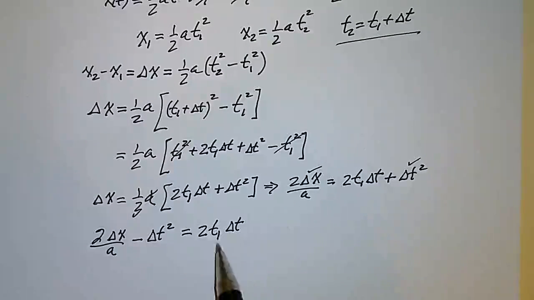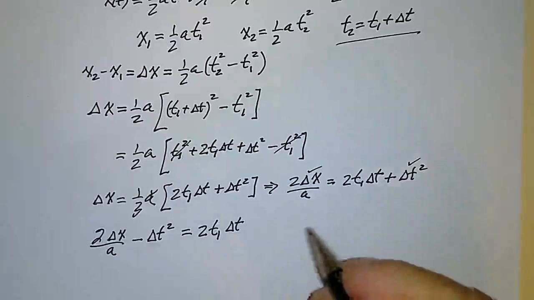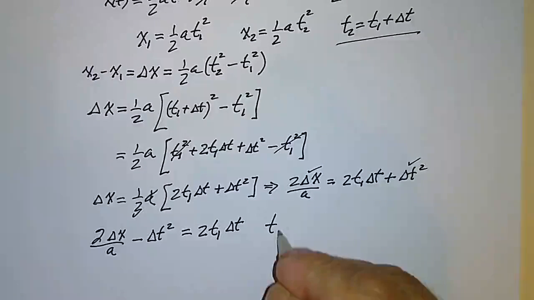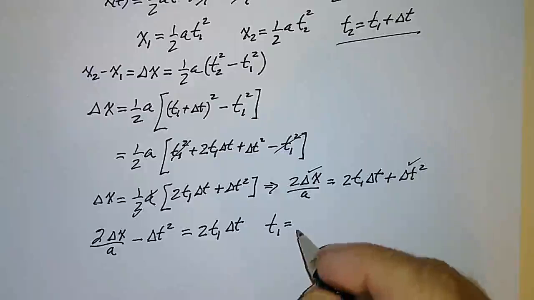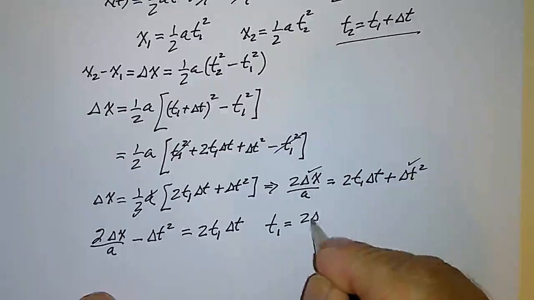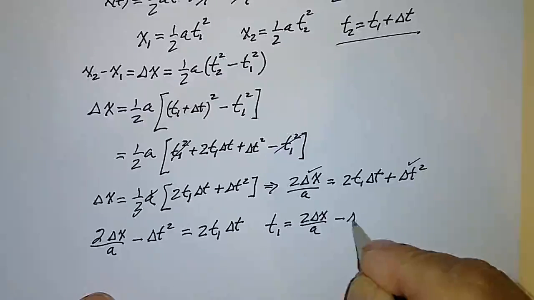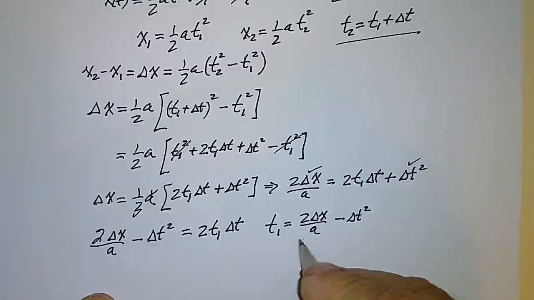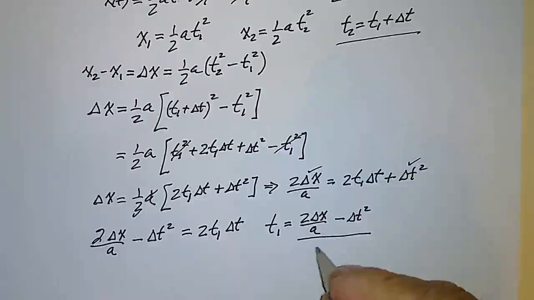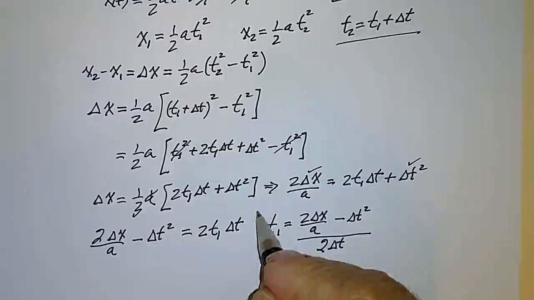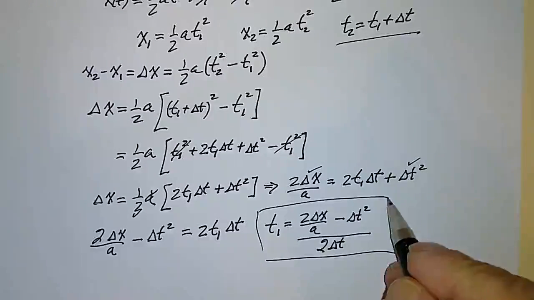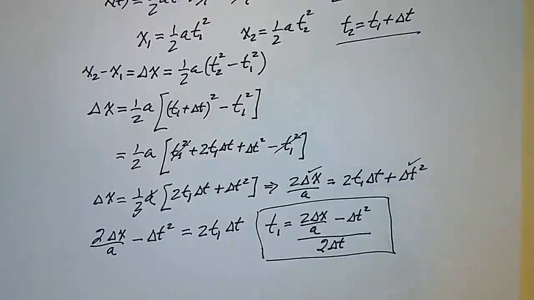If I divide both sides by 2 delta t, then I have that t1 is equal to 2 delta x over a minus delta t squared, all over 2 delta t. This is t1, so I just have to plug in the numbers.